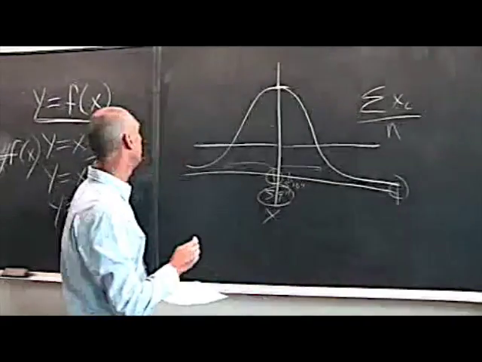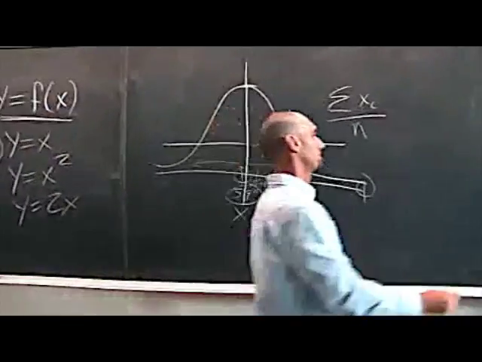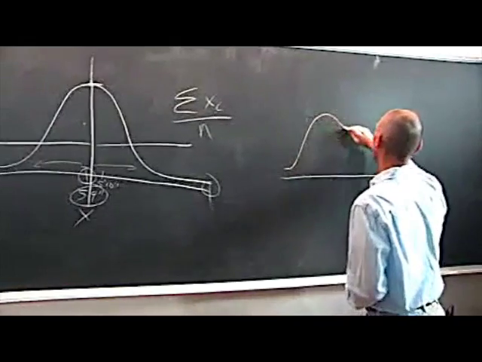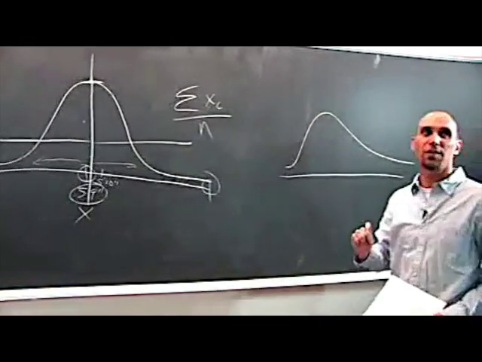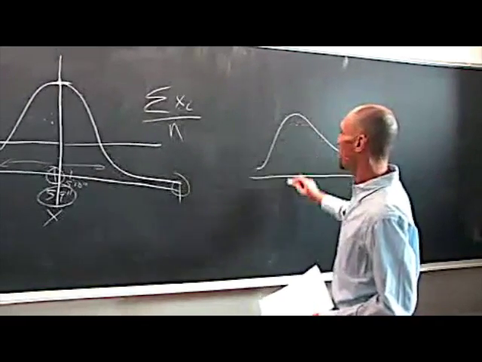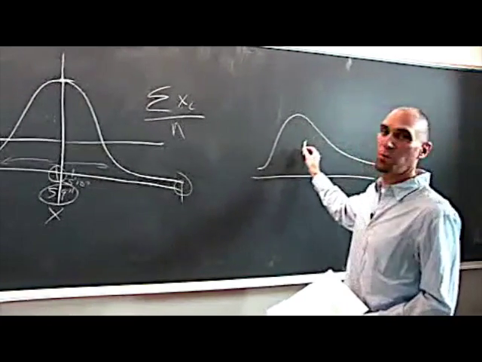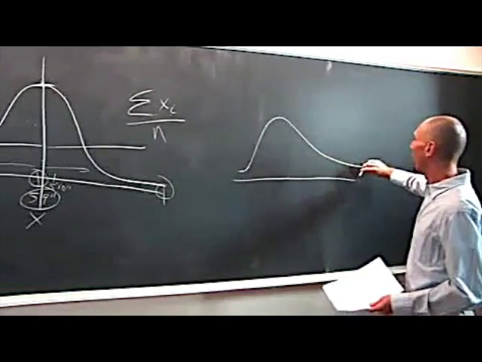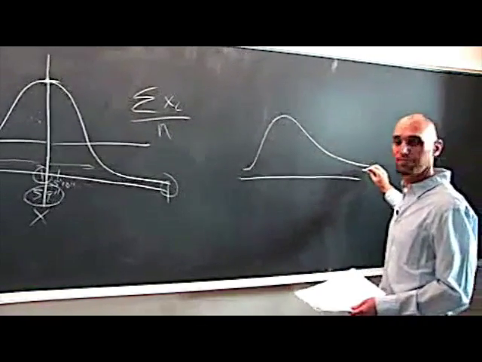But if you have a skewed distribution, say something that looks like this, where a large proportion of the observations are towards the lower end, but there's a few more stacked in the upper end of the tail.